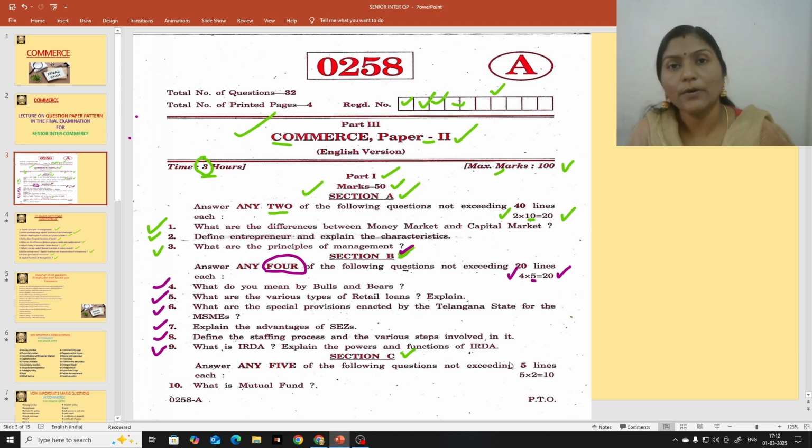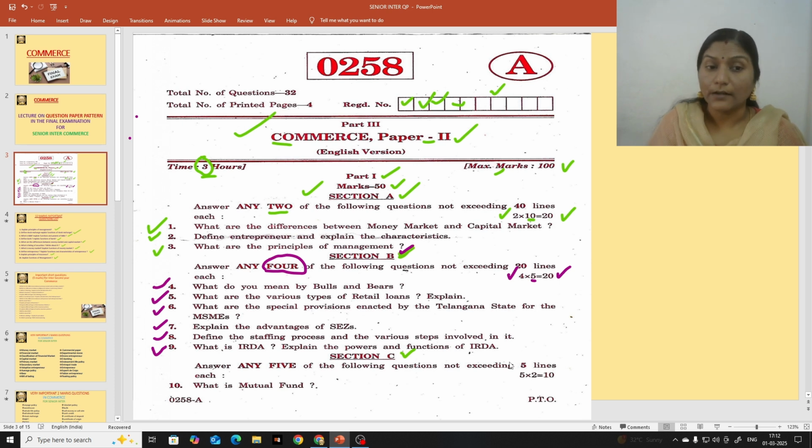And students, remember one point I forgot to say: whenever you write an answer for any question in the examination, don't change the question numbers. Whatever question number appears in the question paper, the same question number you should write in the answer booklet also. For example, if you are attempting the first question, write question number 1 in the booklet, and if you are going to attempt question number 4, write question number 4.